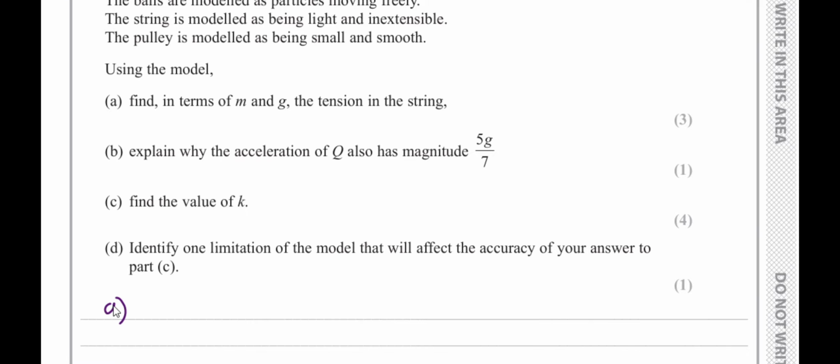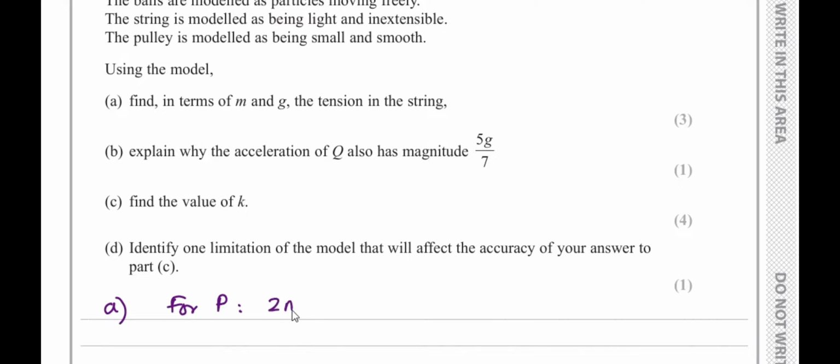But how to find out the string tension? So let's do one thing. Since it is a pulley which has got the two particles moving in opposite directions, we can consider the equations separately for P and Q. So let's write for P. So for particle P, P is moving down, right?